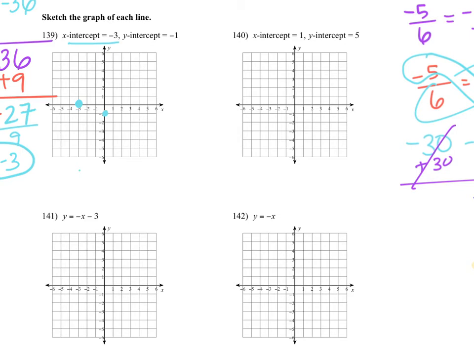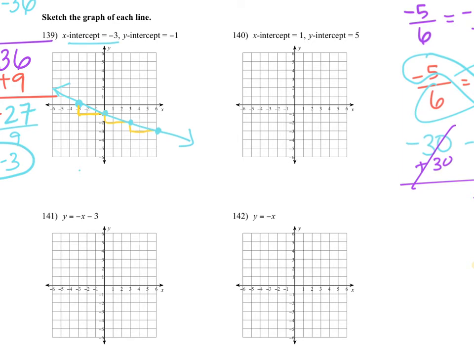And then I would just follow the pattern. I'm going down 1 and over 3. I'm going to do that again, and again. So you get a little kind of like an arrow, like a ladder, like stairs, and then this would be my line. So sketch the graph of each line.